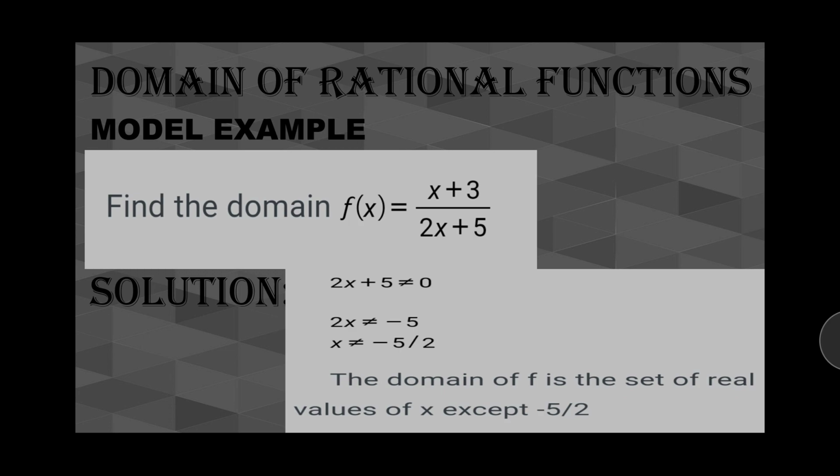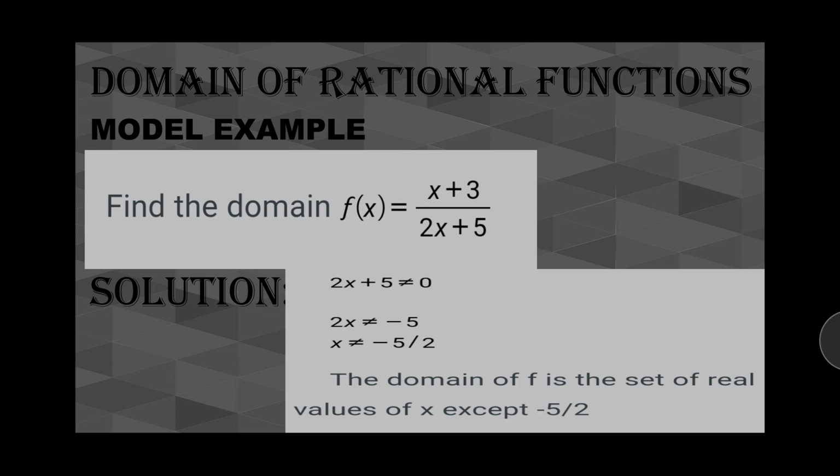The value we are solving for here is the only value that will make that function undefined, which is minus 5 over 2. So just solve 2x plus 5 is not equal to 0. When we solve it, we have x is not equal to minus 5 over 2.